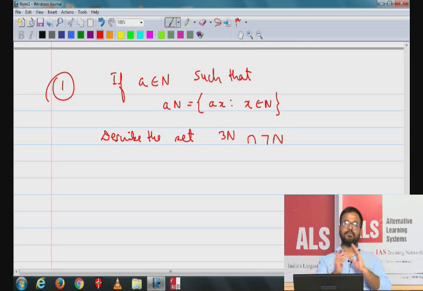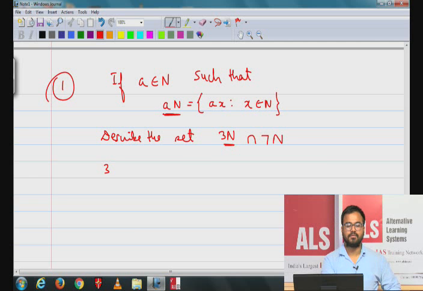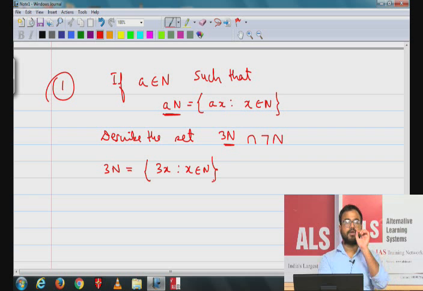So basically here we have to use logic to solve this. This An is the set of all Ax and x is a natural number. It means this Ax is a multiple of A. So 3n would be the set of 3x such that x belongs to the natural numbers. Now if x is a natural number, so 1, 2, 3, 4, 5, it will be a multiple of 3.